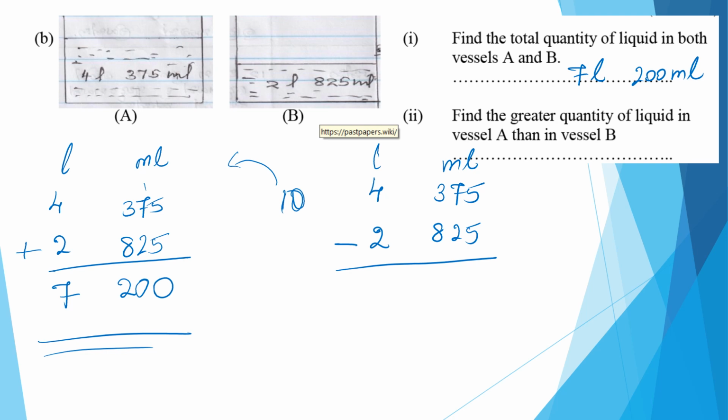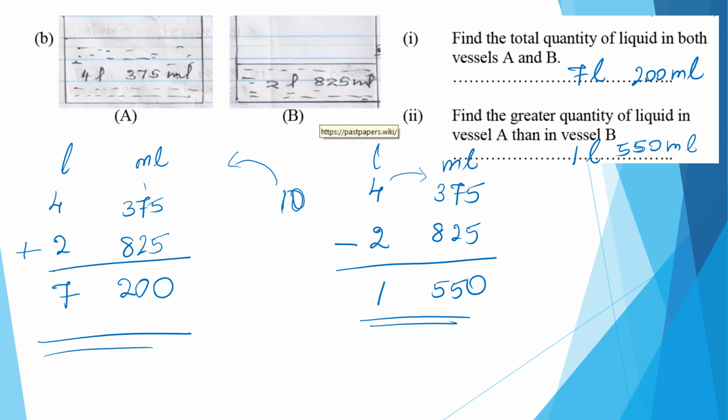Let's do the subtraction. 5 minus 5 is 0, 7 minus 2 is 5, 3 minus 8 is not possible, so you take 1 from here, and then it becomes 13, and 13 minus 8 is 5, and this is now 3. 3 minus 2 is 1, right? So the answer is 1 liter 550 milliliters. I think you understand this part.